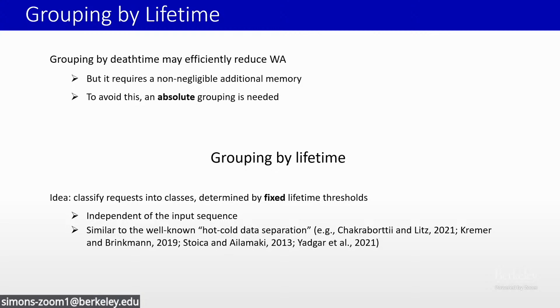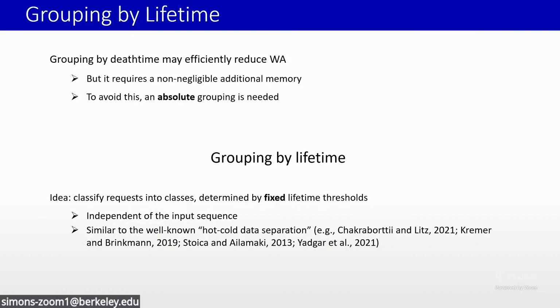And this is kind of generalizing the hot-cold separation which people in systems have been doing for quite some time. And of course, partitioning into classes is a classic principle in scheduling theory.